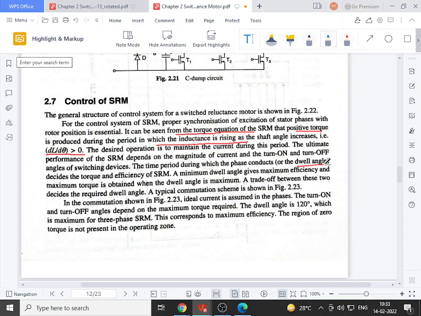Okay, and we can control that angle of conduction, because the control of these power converter, power semiconductor switches is with you. It is not possible to control the conduction time of a diode. Okay, there is no control on the conduction period of a diode, but we can control that conduction period or conduction time for IGBTs, SCR, MOSFET or any power converter or power semiconductor devices.